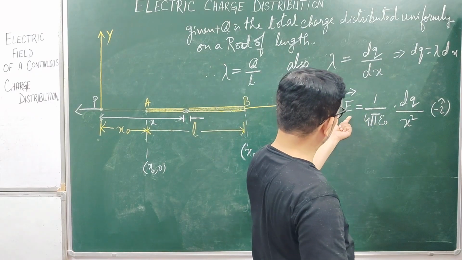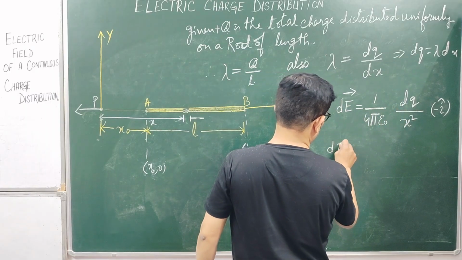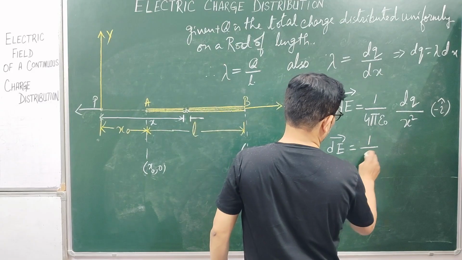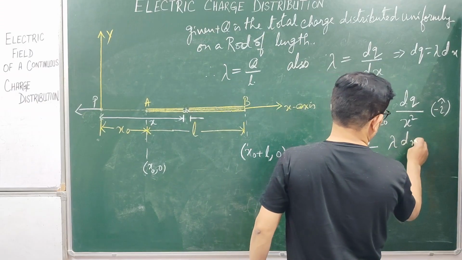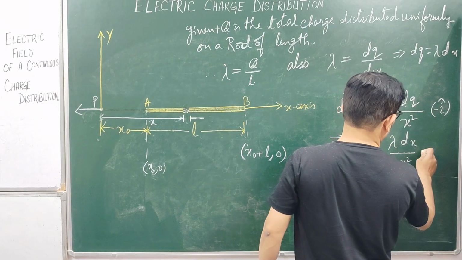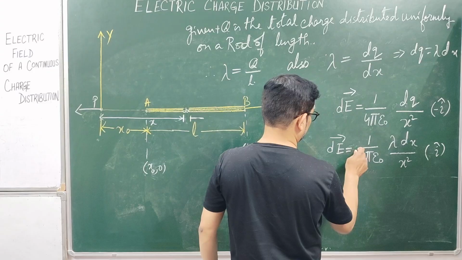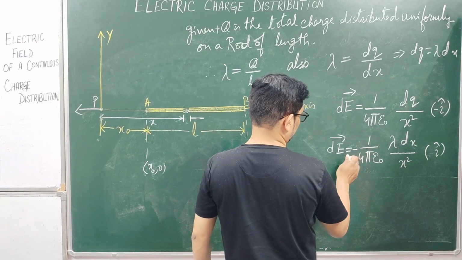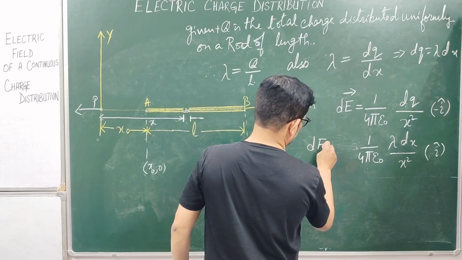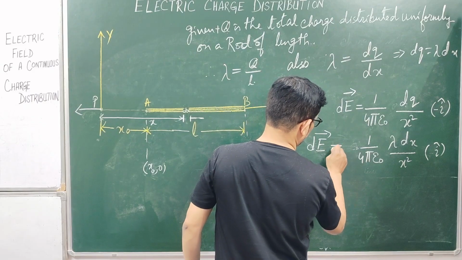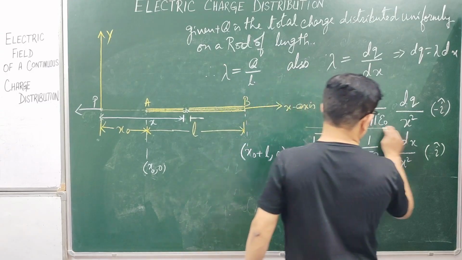So vectorially we can write this equation, and after replacing that value, dE vector is equal to 1 over 4 pi epsilon naught, lambda dx over x squared, minus i cap. Take the minus in the front. So dE, the elemental electric field because of this elemental dq, is this.